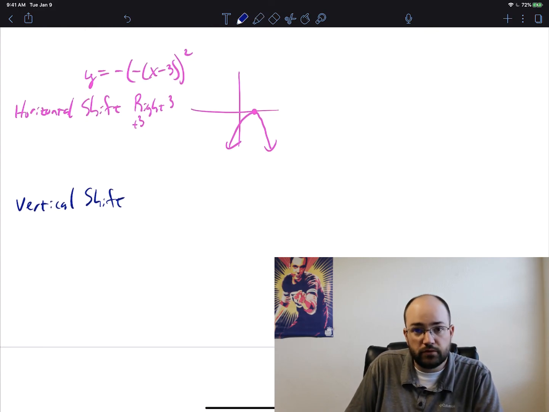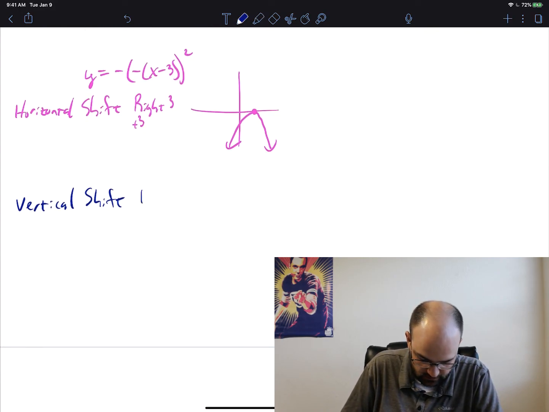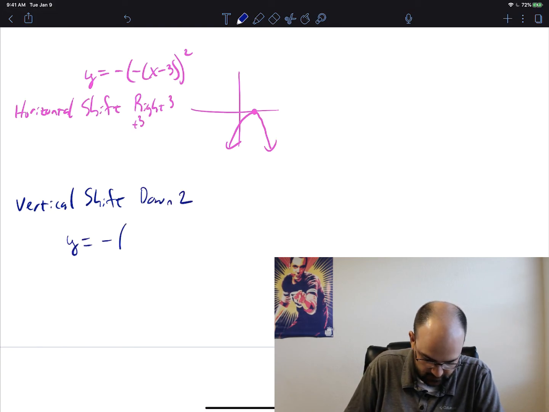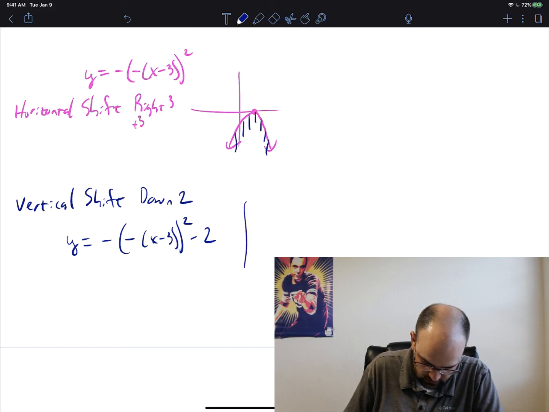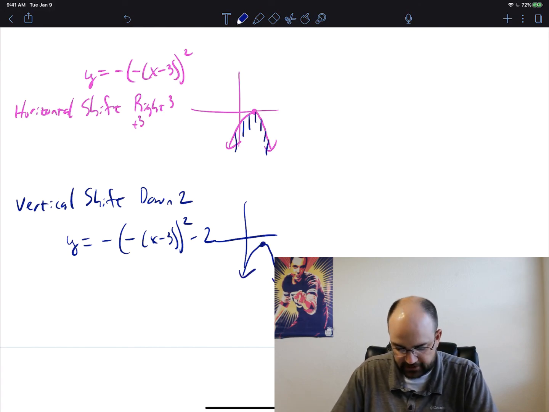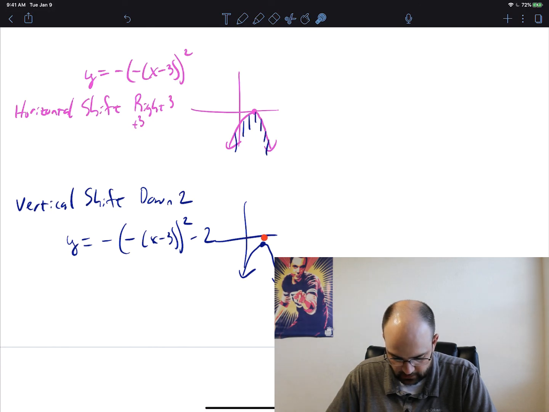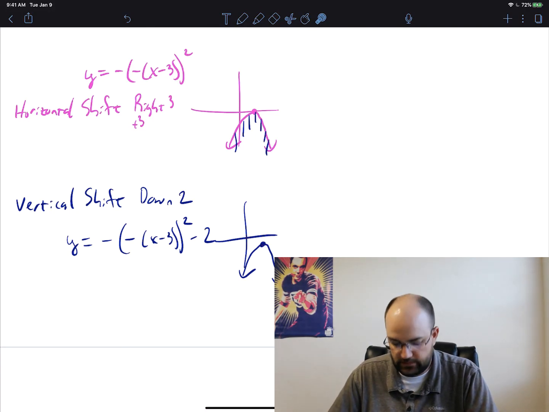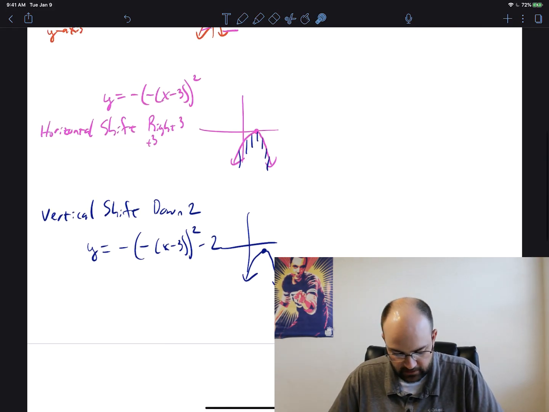It's going to go down 2 units. So all of these are going to go down 2. Right there, and there's the vertex. So right 3, down 2. Awesome. And that would be the graph.